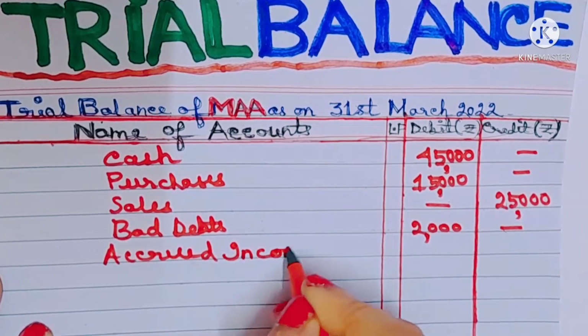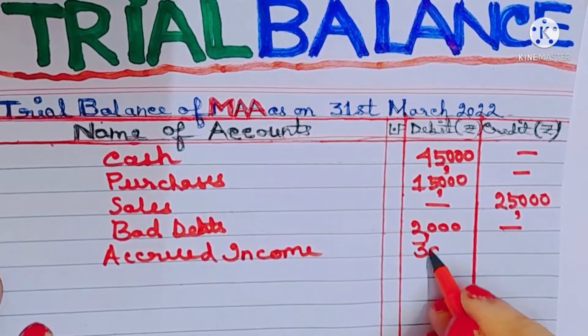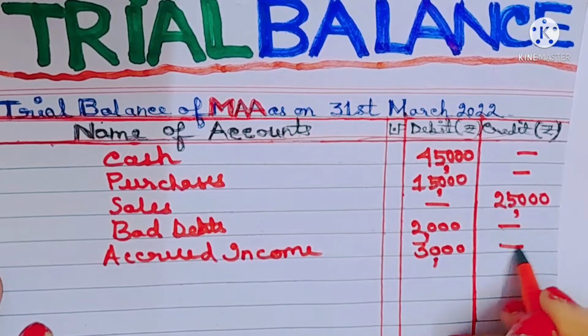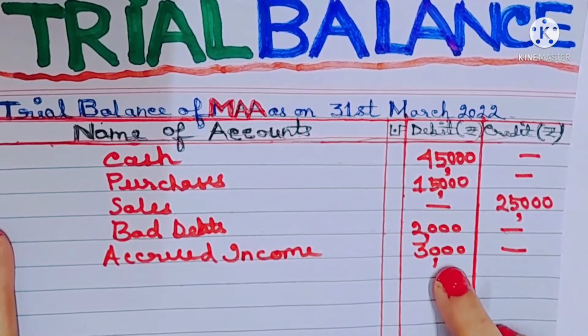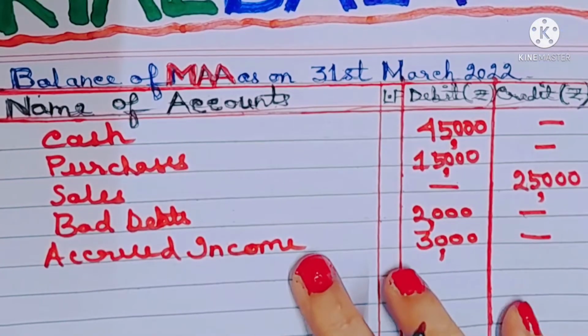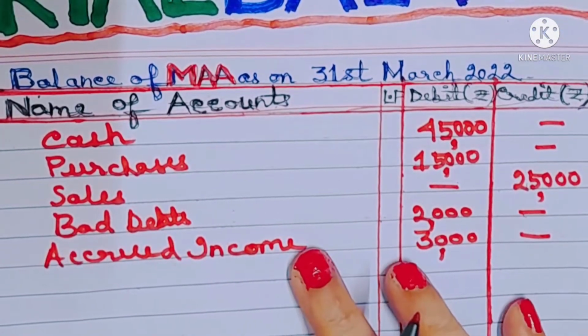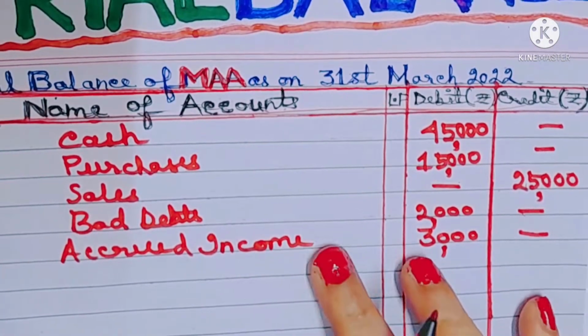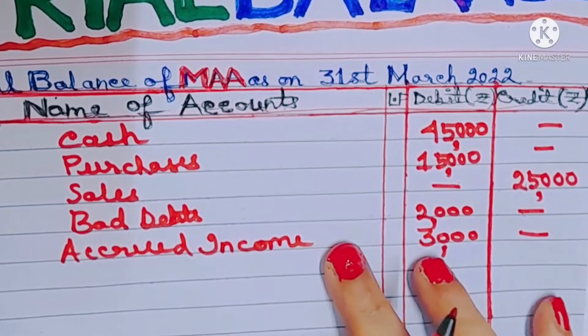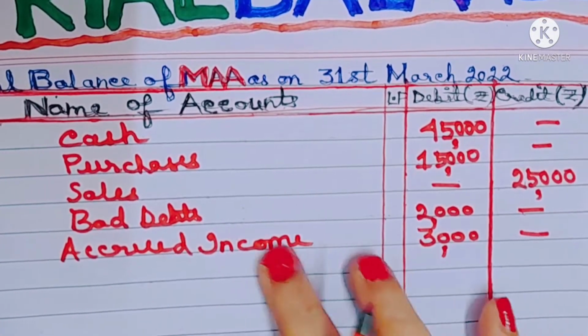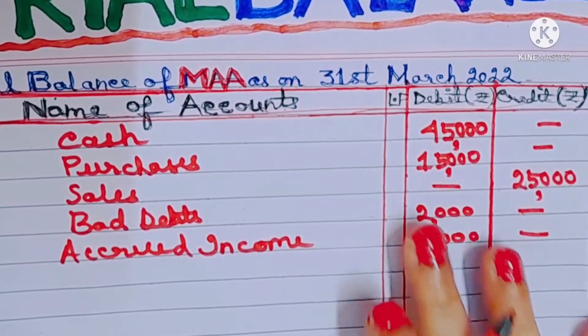Accrued income has a debit balance, and that is the reason we have written 3,000 in the debit column. Why is accrued income debit? Because accrued income falls under personal account. According to personal account, the receiver of the benefit is debited. Here accrued income is the receiver of the benefit. So accrued income will be debited. So let's see the next account.